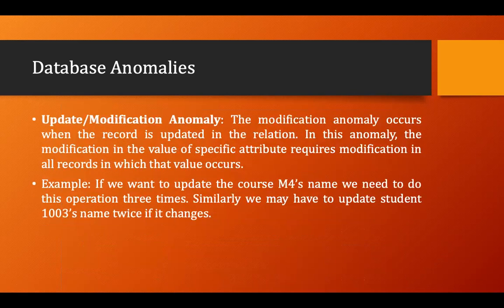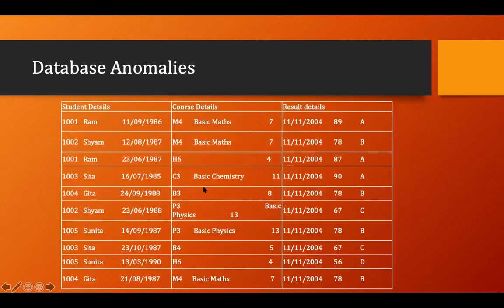Now let's talk about another anomaly, which is called updation or modification anomaly. The modification anomaly occurs when the record is updated in a relation. So when we want to update any record, right?